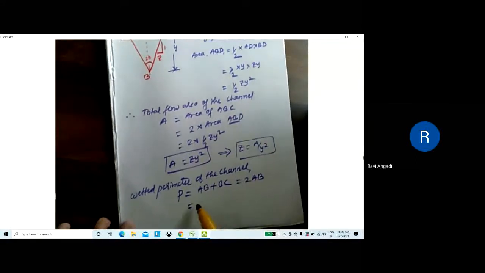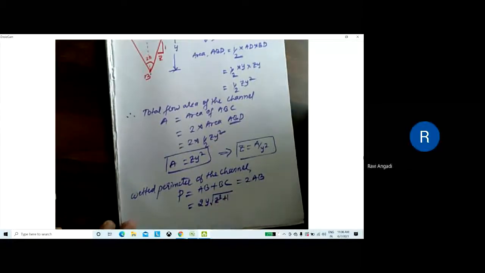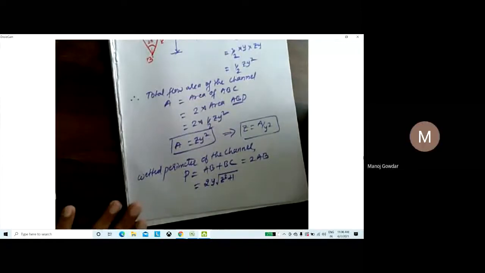That gives 2Y root of Z square plus 1. You have already calculated this one. Remember this. Is it over?